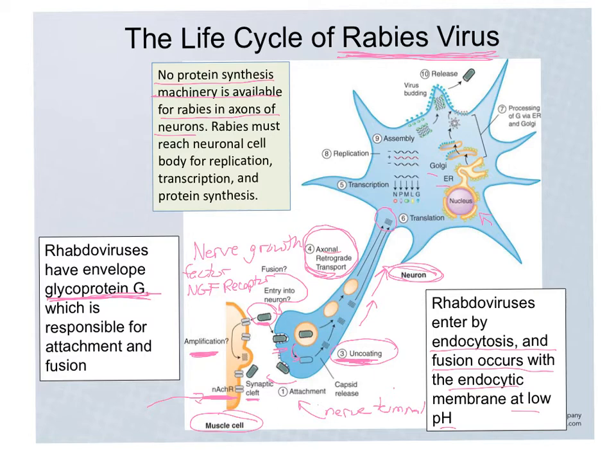The first thing then that's going to happen once the genome makes its way to the nucleus is that we're going to begin to see production of some messenger RNAs for translation of the viral proteins.